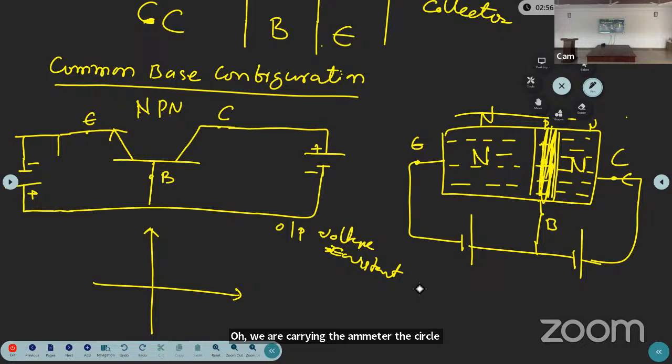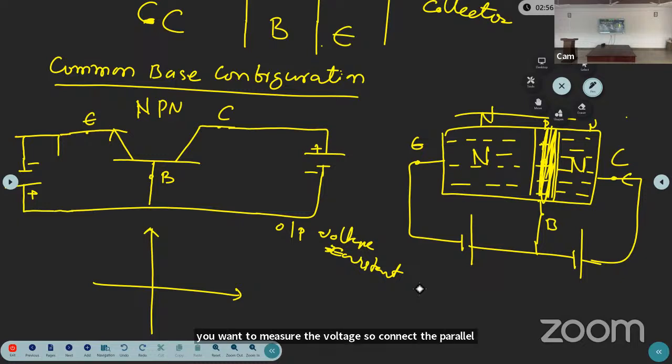Parallel or series? Ela connect chestam? Series. The ammeter you always connect in series. The voltmeter, connect it in parallel between the terminals where you want to measure the voltage.